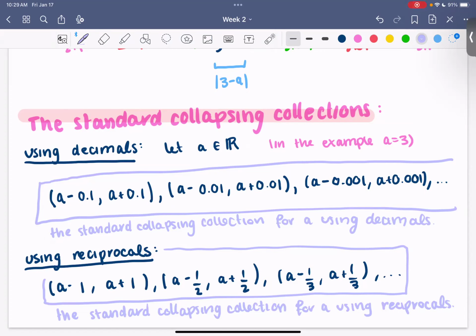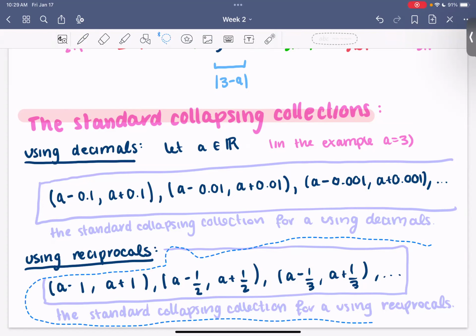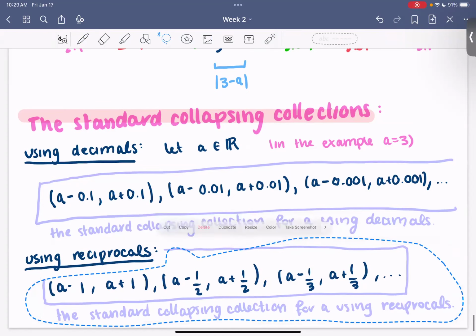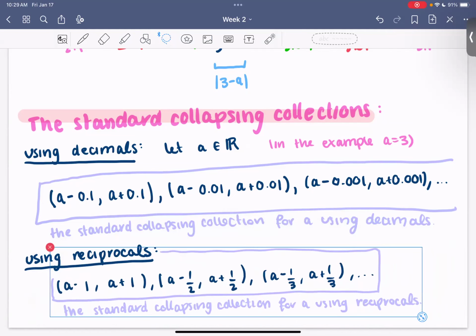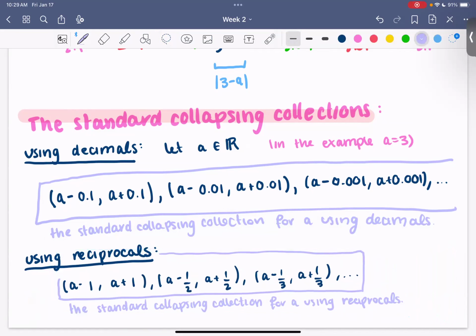So I'm going to shrink this a little bit to make space on the right. Okay, so the kth element, the kth interval. So how would that look? We have to see what the pattern is, and then that will tell us what any interval in this list will look like.